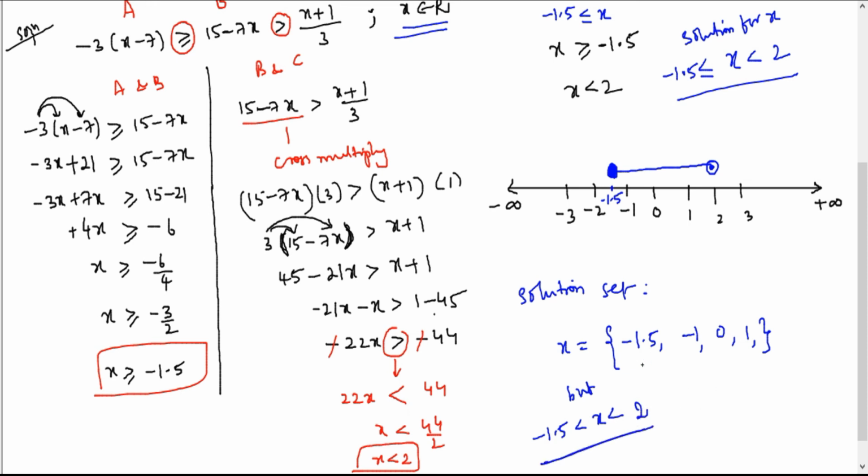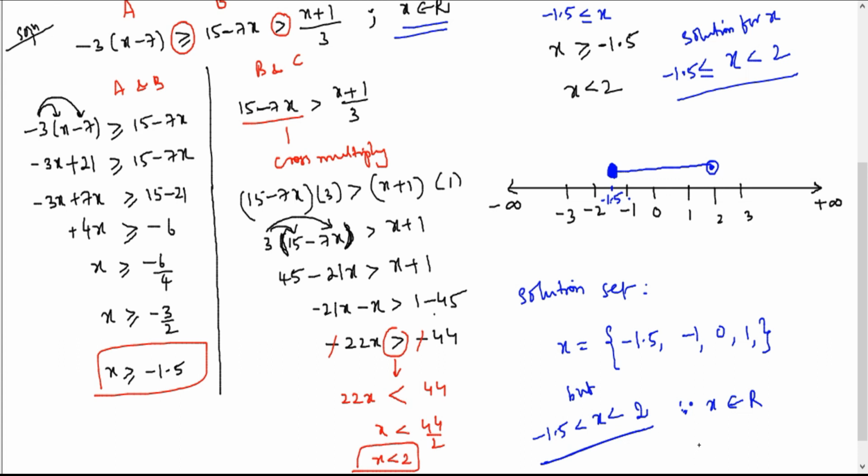Why? Since x belongs to real numbers, all the numbers between minus 1.5 and minus 1, minus 1 to 0, 0 to 1, 1 to 2, all these numbers are represented under the category of real numbers. So you cannot simply write only a few numbers. It's actually between the entire set.